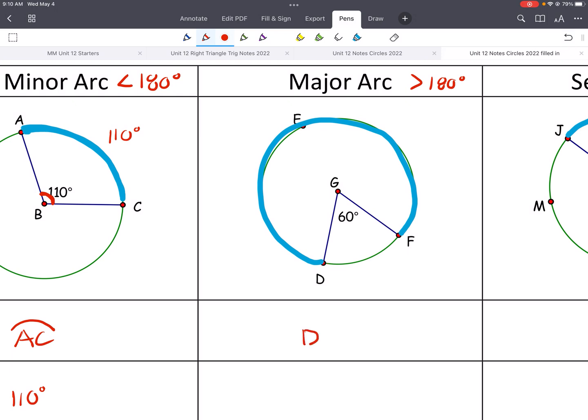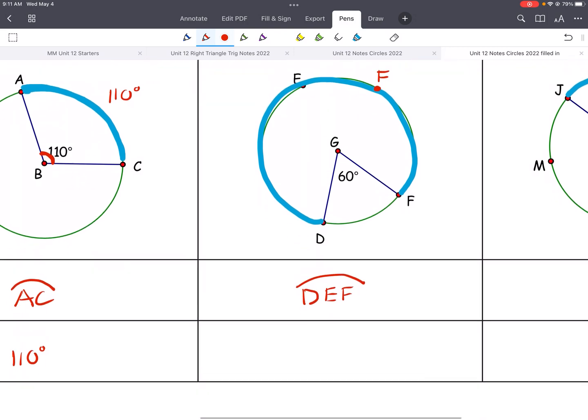So we would start at D, then go to E and end at F. If there's another point here, maybe an F, we only need 3 points to define a major arc, so we would still keep it as DEF. I've had people ask that on the homework. They got confused because F wasn't part of the answer, so they were all confused. I'll give another example when we get to the word problems, okay?